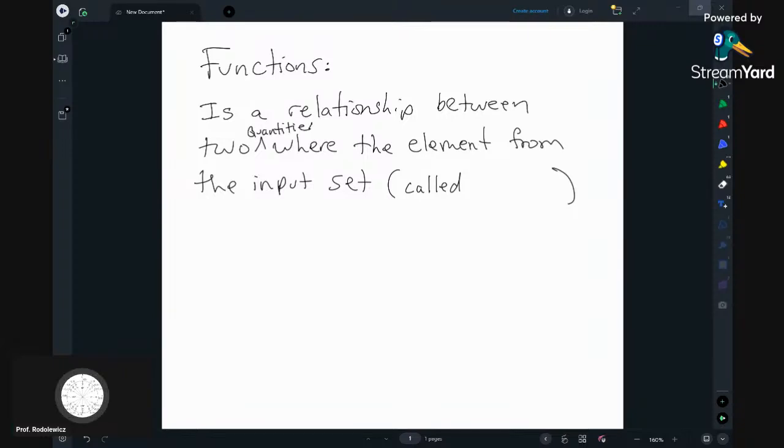where the element, so basically number, but I'll briefly explain in a minute why we use the word element, where the number from the input set, what's the input set called? If you scoop up all the inputs, starts with a D, ends with a main. Domain.